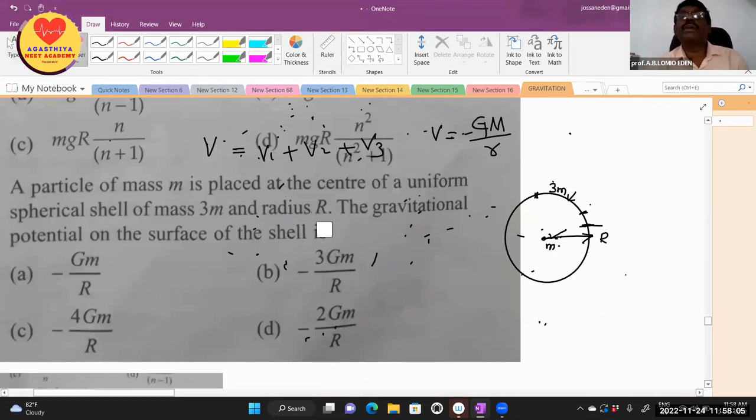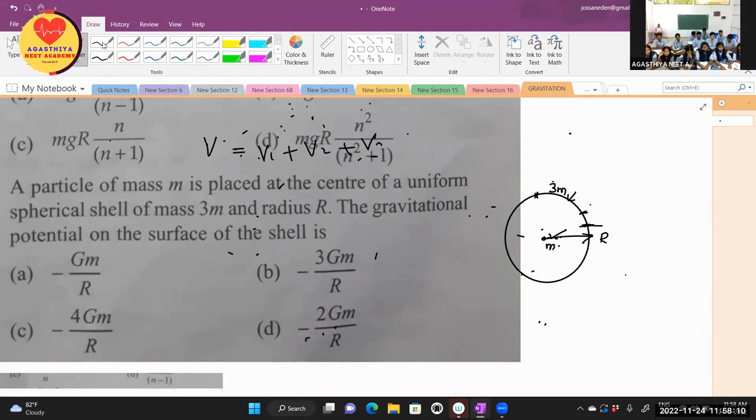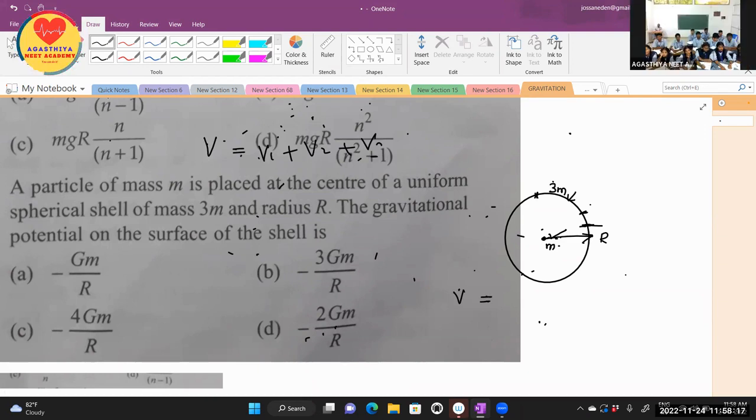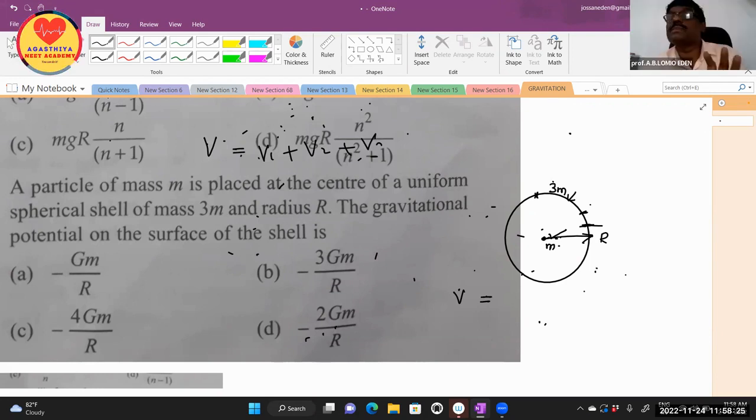Now, let us calculate V1 and V2 one by one. What is the gravitational potential formula? V is equal to minus capital G, capital M divided by R. Now, the total gravitational potential about the spherical shell is the sum of the gravitational potential for the mass m, let it be V1, and V2.